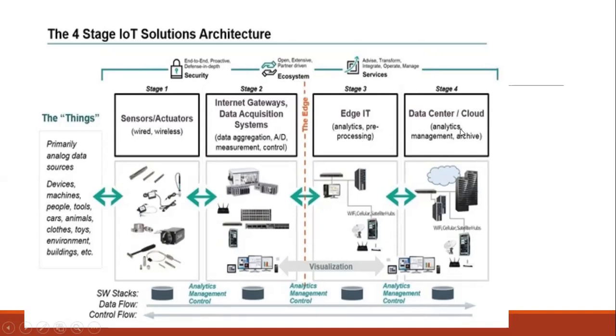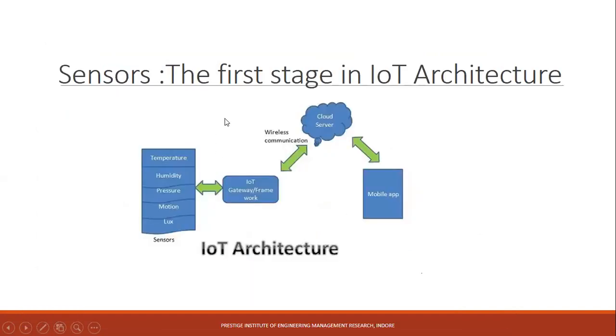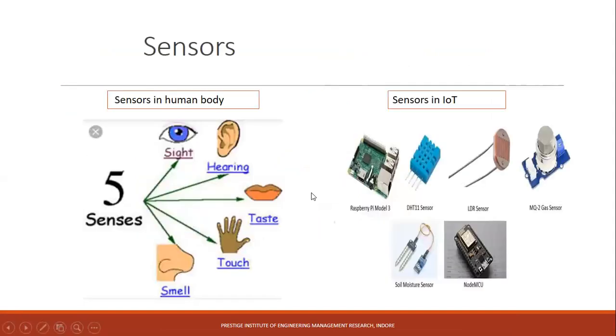We will discuss all the stages one by one, but today we will discuss the sensors. Sensors are the first stage of any IoT architecture. So now we will discuss what sensors are.